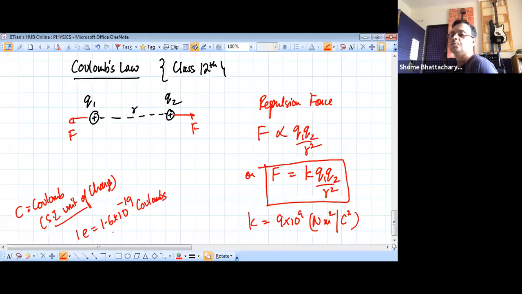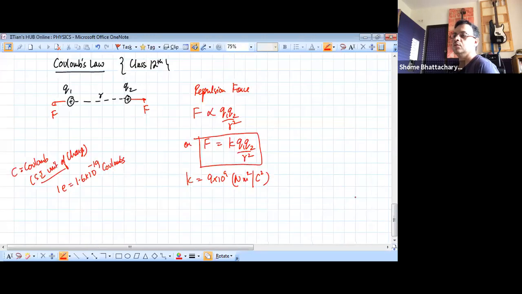So the charge of a proton is positive of this electronic charge, the charge of a neutron is 0, and the charge of an electron is negative of the electronic charge. So here the force will be in newtons when you express q1 and q2 in coulombs and the distance r in meters. This particular principle is called Coulomb's law.